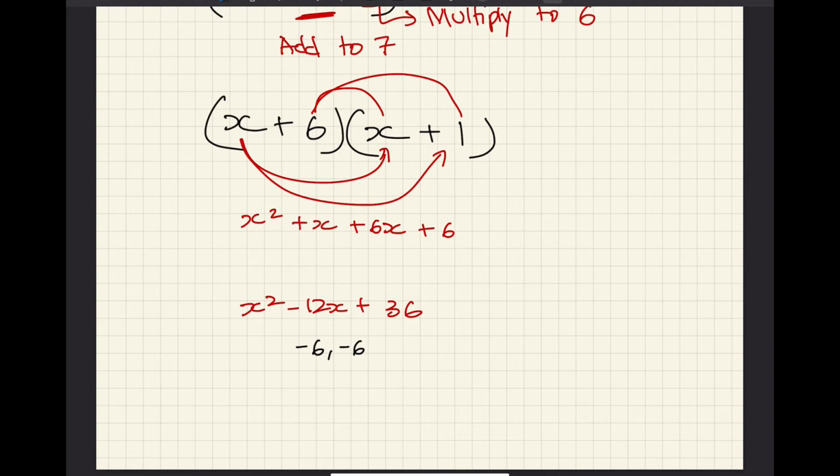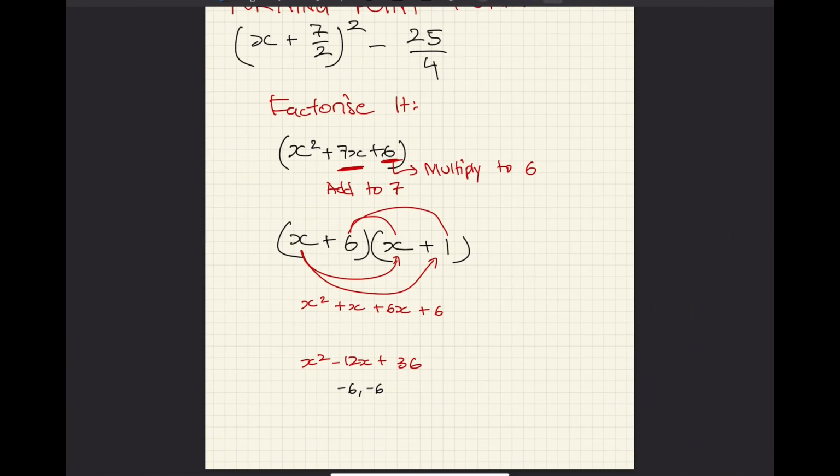The reason is negative 6 plus negative 6 is negative 12, and negative 6 times negative 6 is going to be positive 36, because a negative times a negative is a positive. So if we were to write this out, it would be x, so x is traditionally put inside the brackets as the first value, and then our two values after, x minus 6, x minus 6.